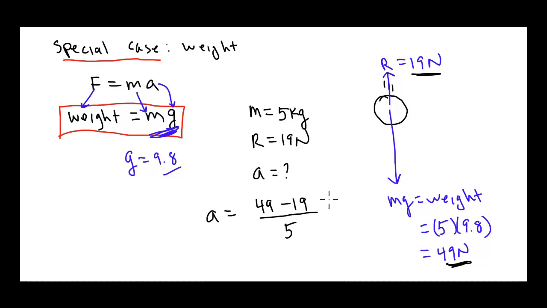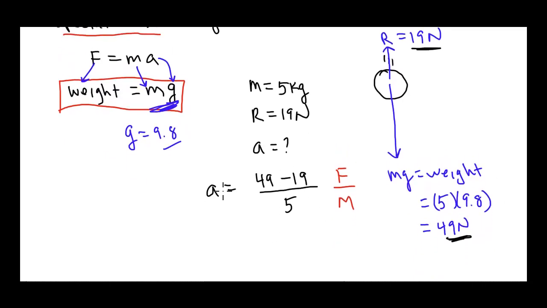This is F. This is M. A equals F over M. Just express the net force as 49 minus 19. Well, let's evaluate this. What's 49 minus 19? That's 30 newtons over 5 kilograms. Divide that out, and we get 6 meters per second squared.